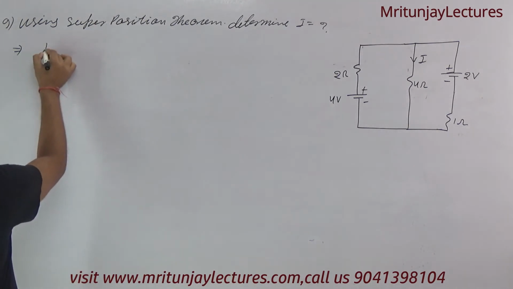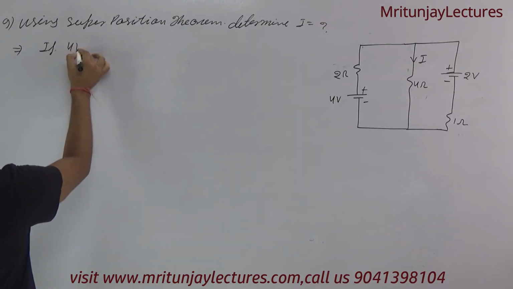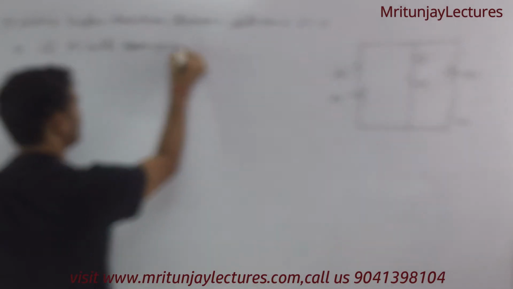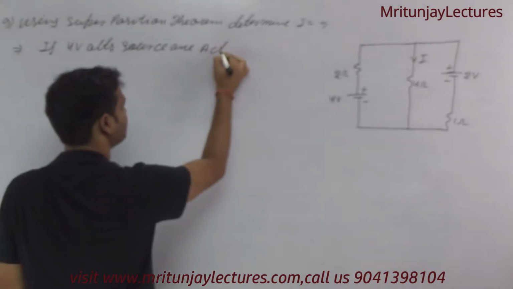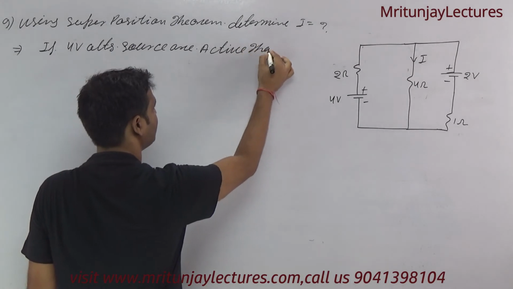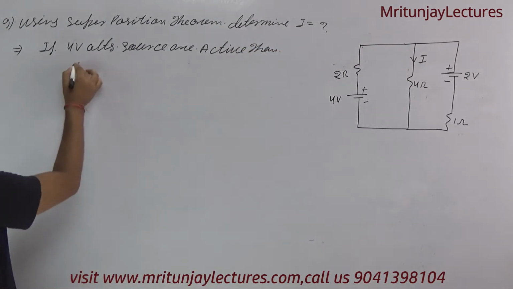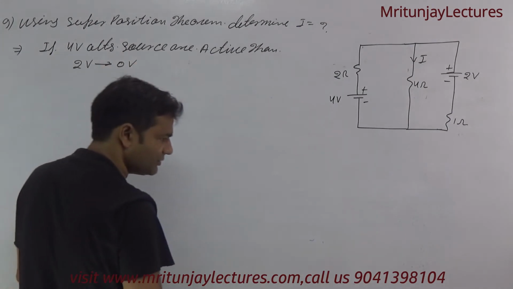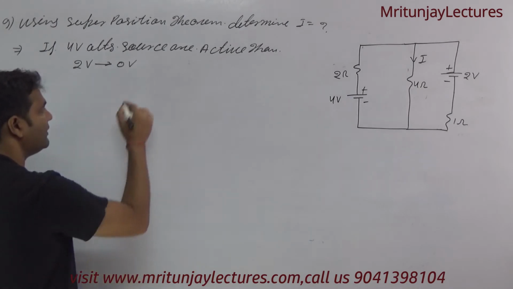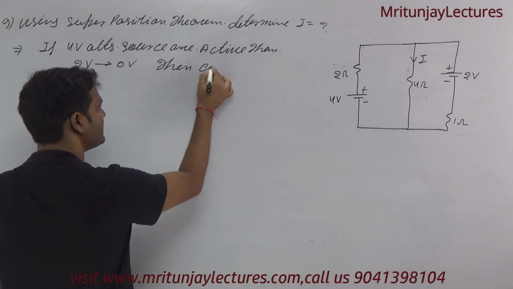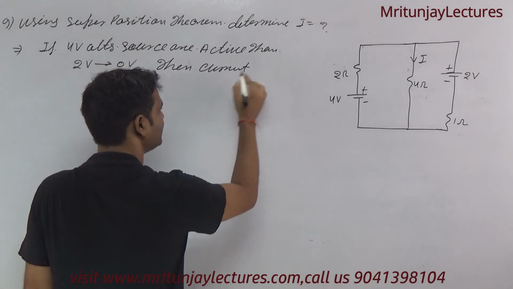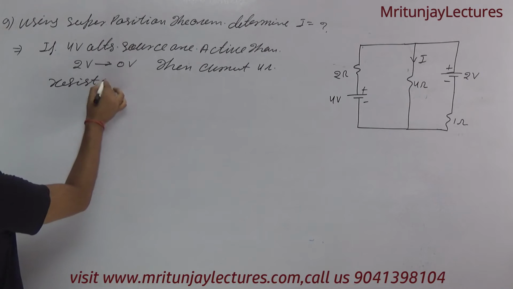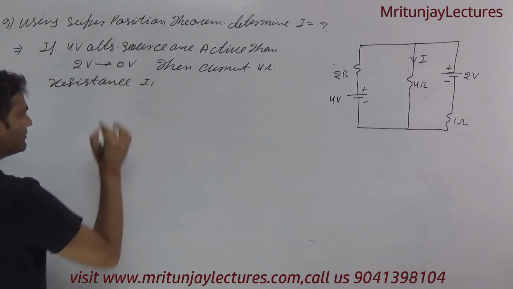Now case first: if the 4 volt source is active, then the 2 volt source behaves as a 0 voltage. Then the current in the 4 ohm resistance, suppose that is I1.